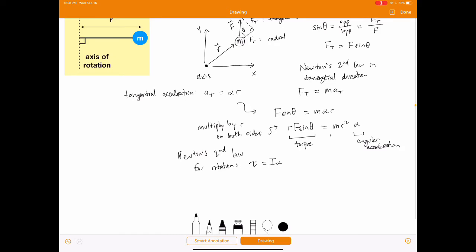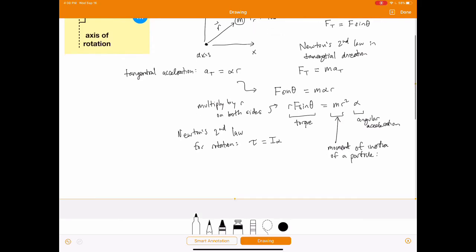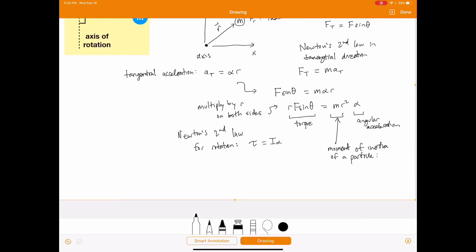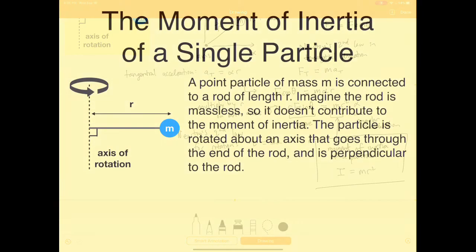So guess what? m r squared right there, that is the moment of inertia of a particle. Okay, so this only works if you're talking about a point particle with no size. But what we get is I is equal to m r squared for a particle. That's where it comes from.